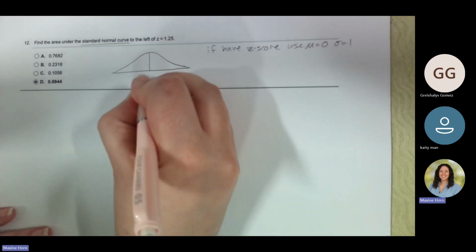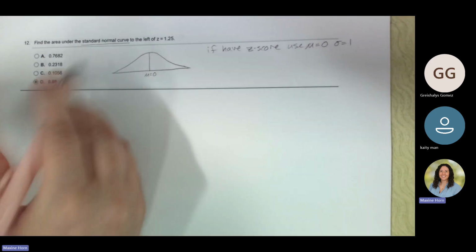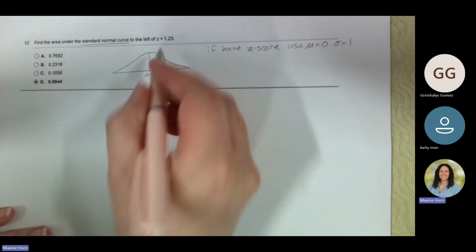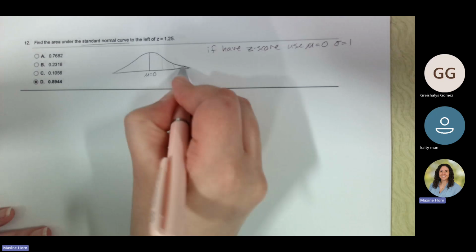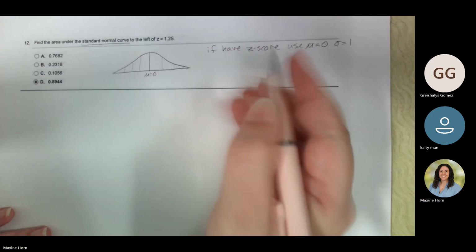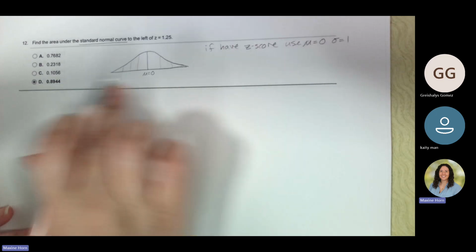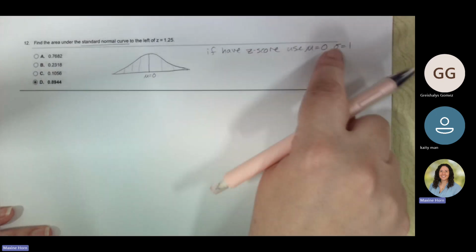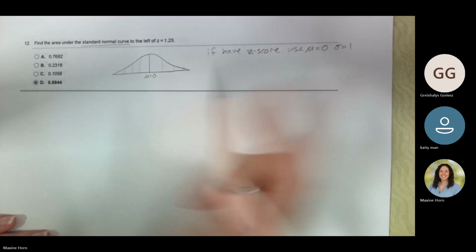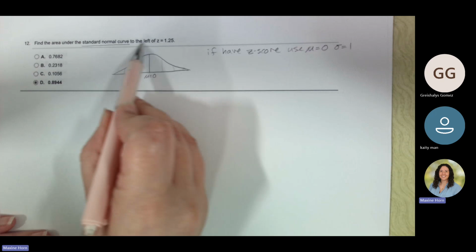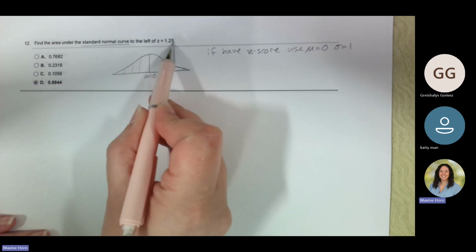Okay, so remember our mean for a standard normal curve is 0, and then we can go 1, 2, 3, how many of our standard deviations we want in each direction, and the standard deviation is 1. They're asking us for the area under the curve to the left of z equals 1.25.